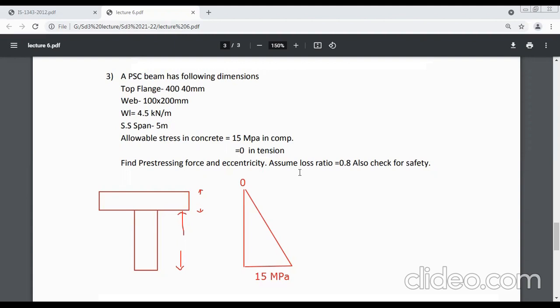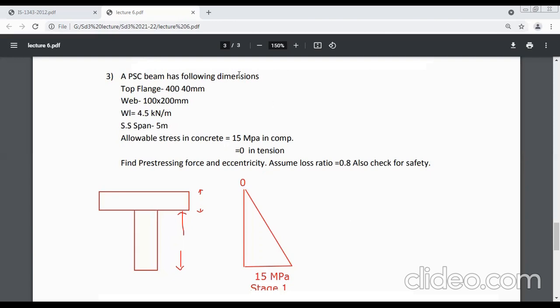So this one is for stage 1. Stage 1 means the initial stage. In the initial stage we are considering only the self weight of the beam.